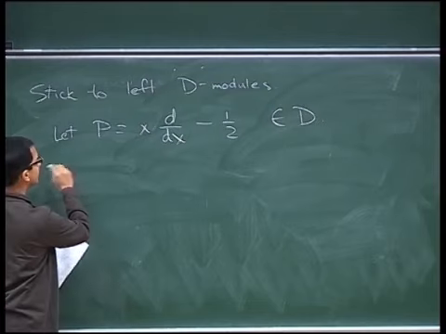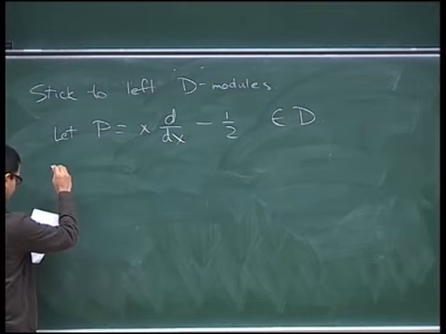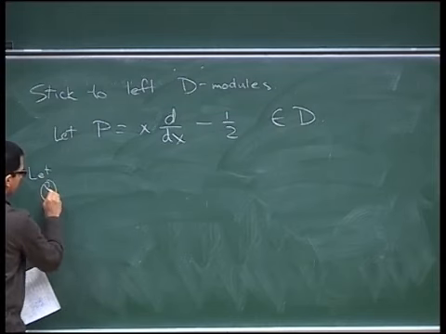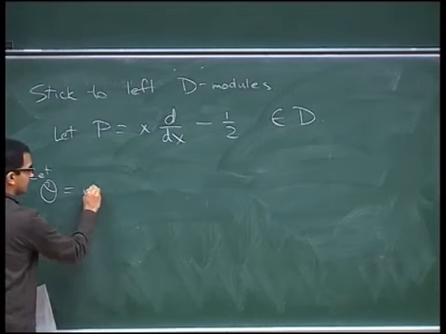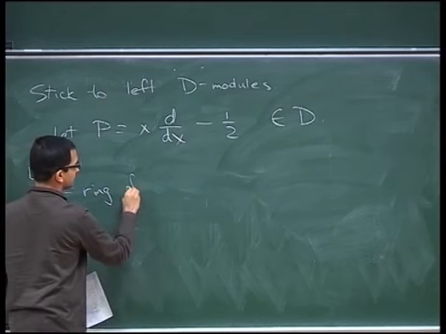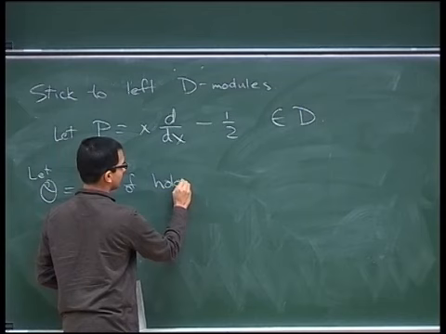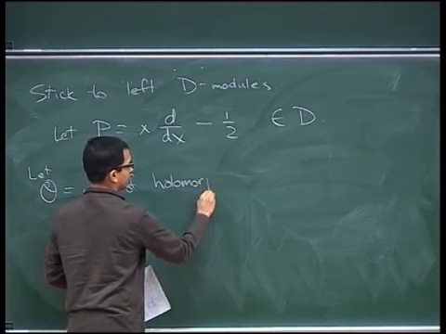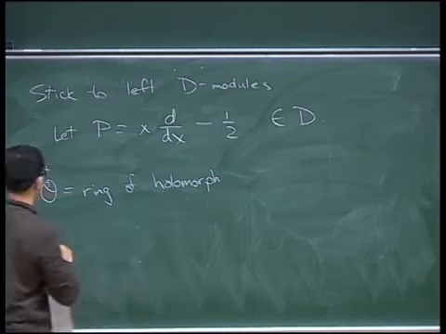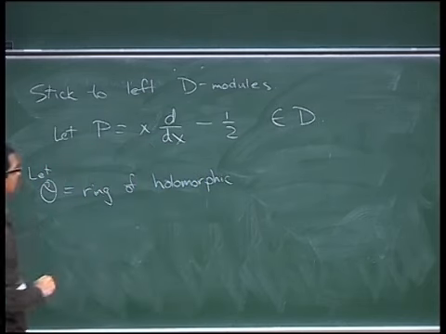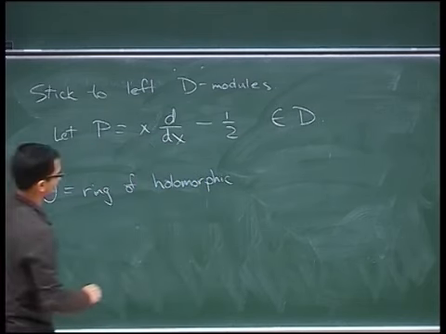Let me introduce a bit more notation. So let O be the ring of holomorphic functions of one variable. Well, I might change the meaning of O from time to time.